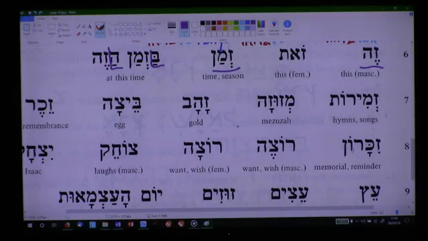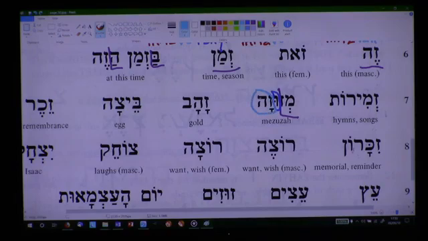Okay, at the end of the Ve'ahavta, we talk about a mezuzah. So we're going to use this word right here, except we add ot because it's a plural. This is mezuzah.